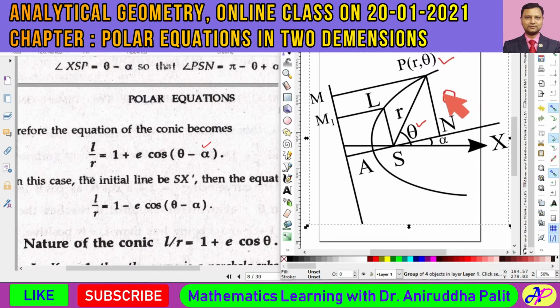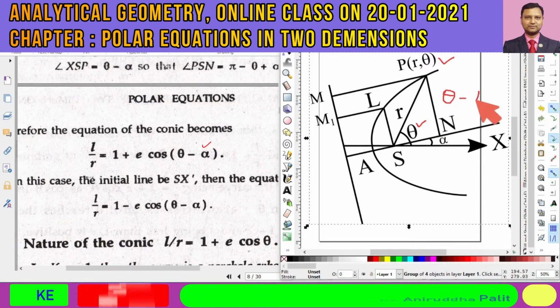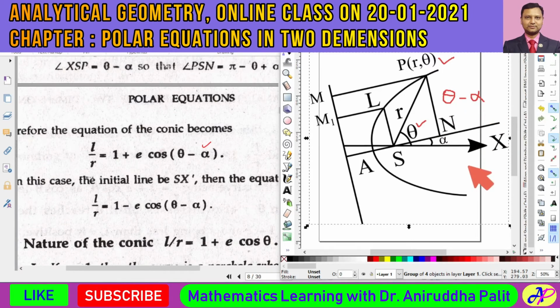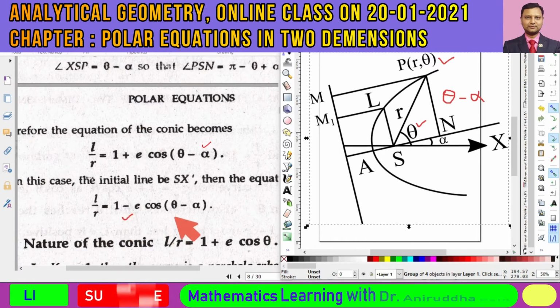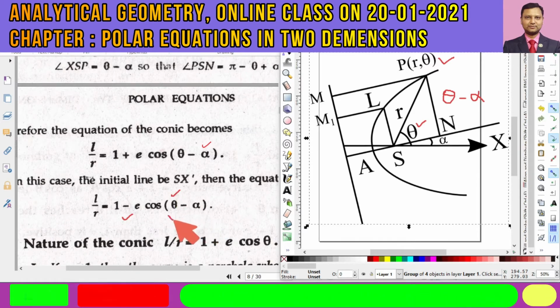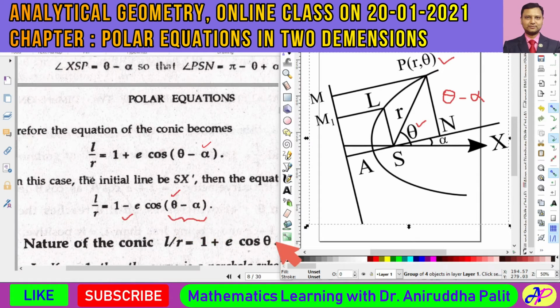And that's why in this equation, in place of simply theta, we have the total expression theta minus alpha.